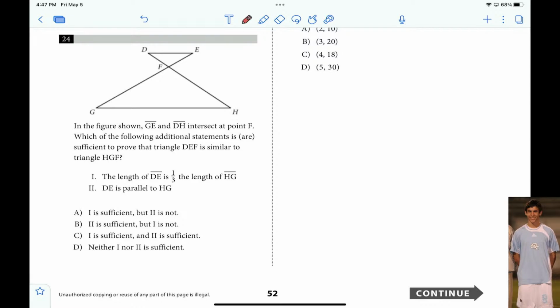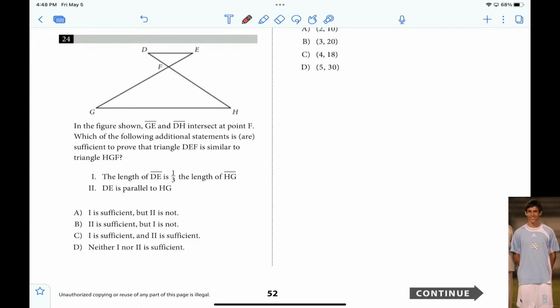The angles have to be the same. So here are the two things we have to use to determine if this is sufficient: Roman numeral 1, that the length of line segment DE is 1/3 of the length of line segment HG, or Roman numeral 2, that DE is parallel to HG.